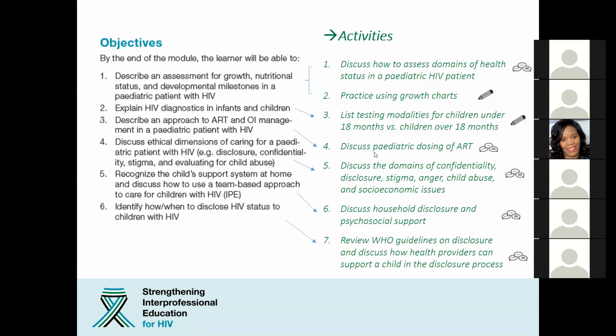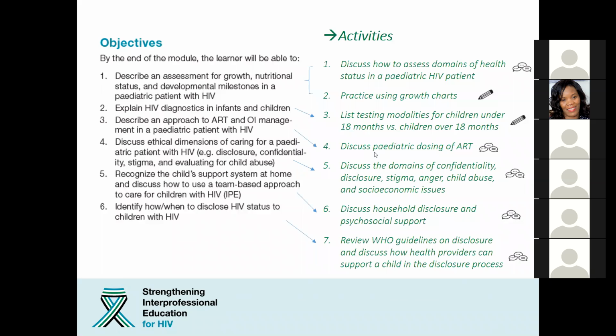Also, in addition to the ART, the facilitator and the group will discuss what is appropriate prophylactic therapy for pneumocystis pneumonia, for example, in children by age. For children under 5, we use a CD4 percentage as a more accurate assessment of their immunologic status. Over 5, or more reliably from 6 years on, the CD4 count is a more acceptable measure of immune status.